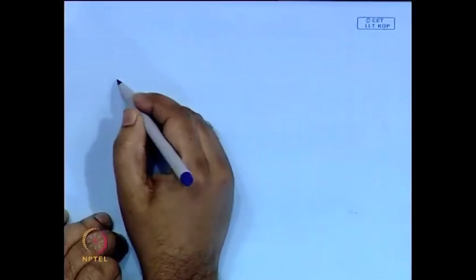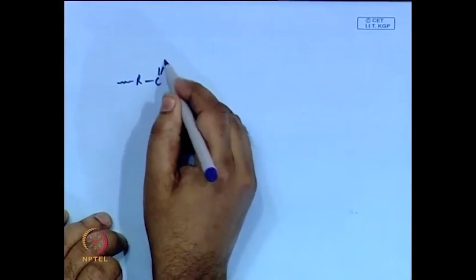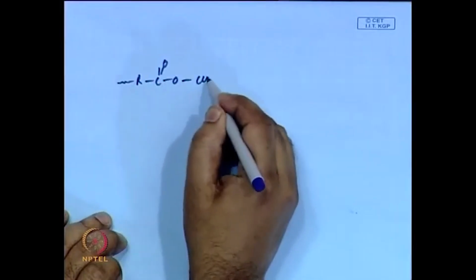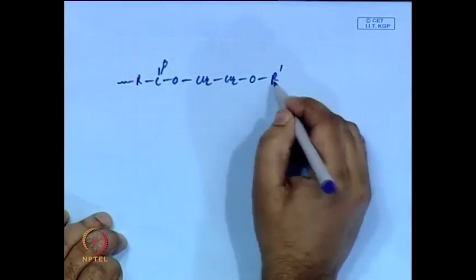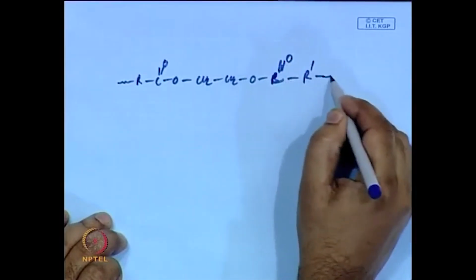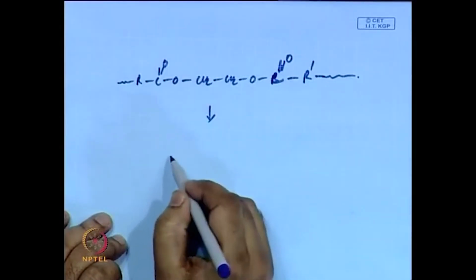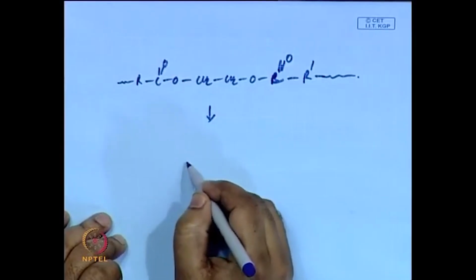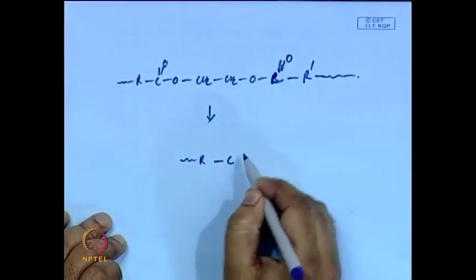One side reaction we can consider is during polyester formation. For example, say during a polyester formation, if you have something like this, there is one very common side reaction that happens by beta elimination.